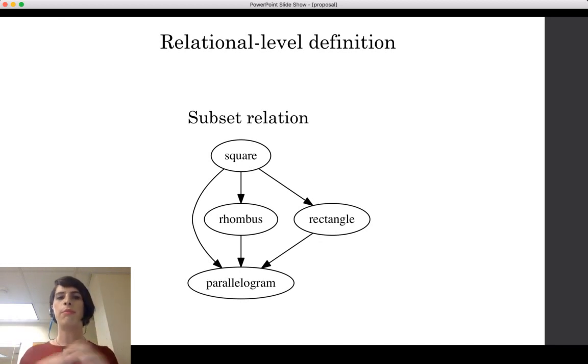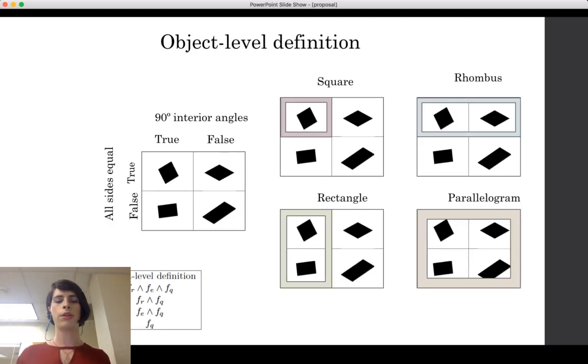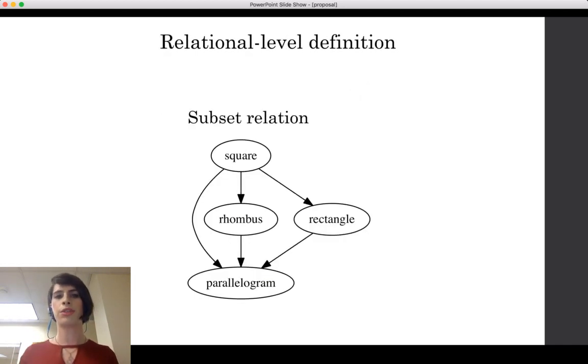For instance, if the subjects assume that the 2 features from the previous slide are the only relevant features, they would infer logically this subset relation. However, the evidence that they're shown does not suggest that there are no other relevant features.